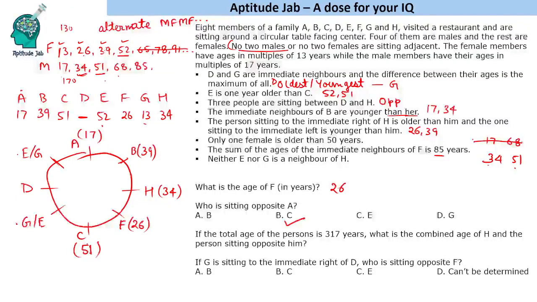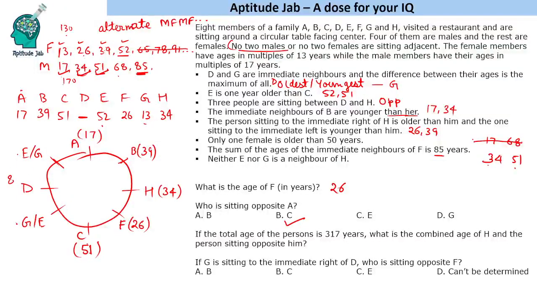Total comes as 300. So we need 17 more. We know 17 is an age of a person. We also know that 34 is an age of a person. We also know that 51 is an age of a person. So we need 300 plus 17 more. So this gives us that this person D must be 85 years of age.